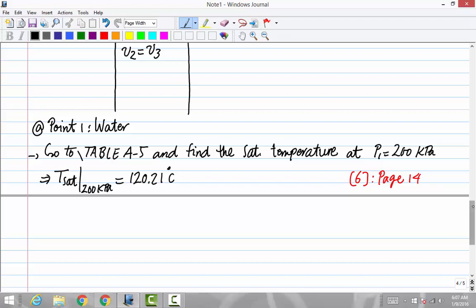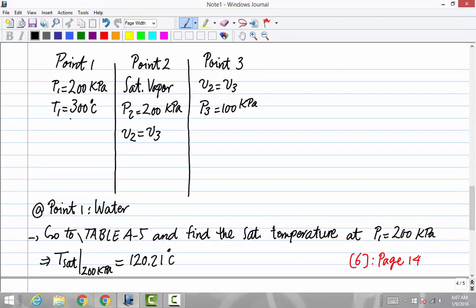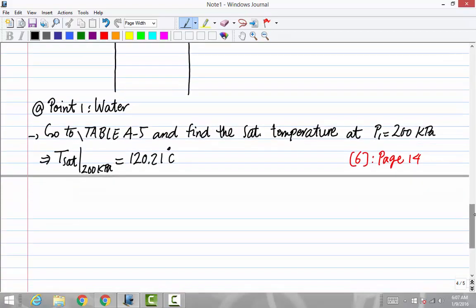And we know in our table that T1 is 300 degrees C. So if you compare these two temperatures, you'll see that T1 is 300 degrees C, which is larger than T saturated at that pressure.